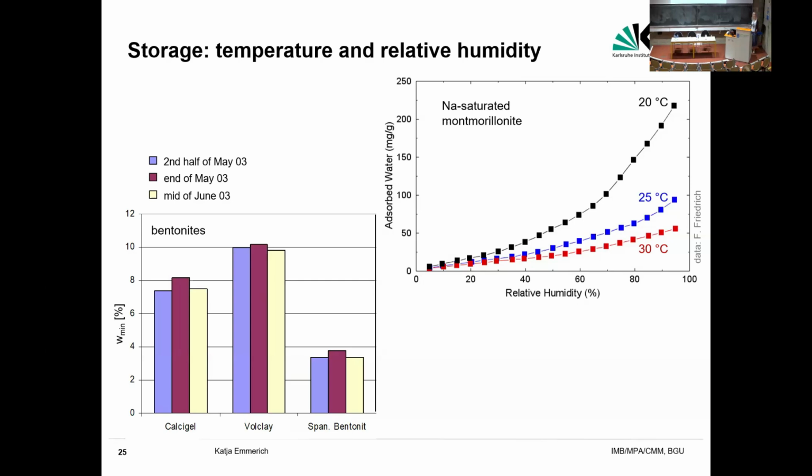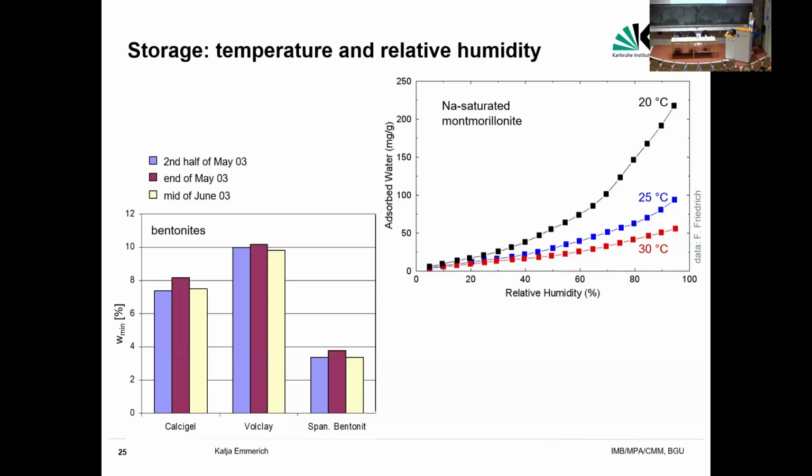You might think, well, this is an intrinsic parameter that is characteristic for my clay. But on the left side, you see 3 different bentonite samples. Calcigel is a calcium bentonite, wall clay is a sodium bentonite. And this Spanish bentonite was pre-treated, that's why water content is very low, but it's also a calcium magnesium bentonite. And we determined the water content many years ago, but anyway.